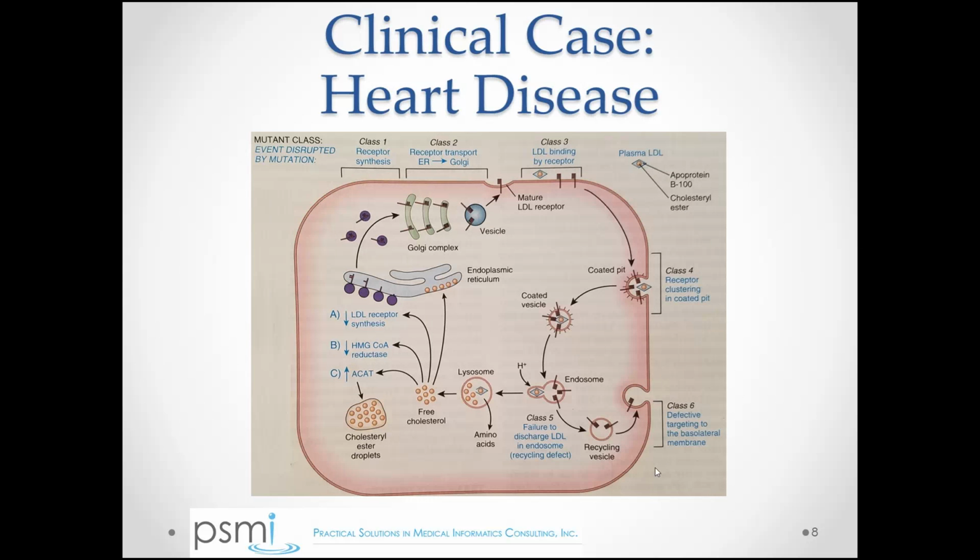We have a number of these different classes. There's over 1,100 known mutations, and again, the worst one here would be the class 1 mutations, which would result in essentially no protein product, which would result in no LDL receptors.